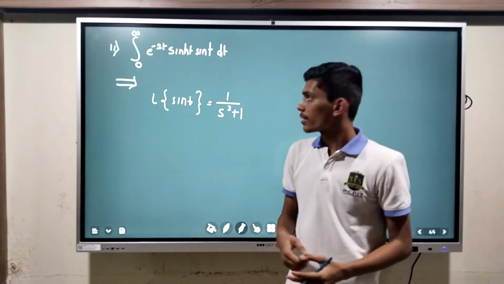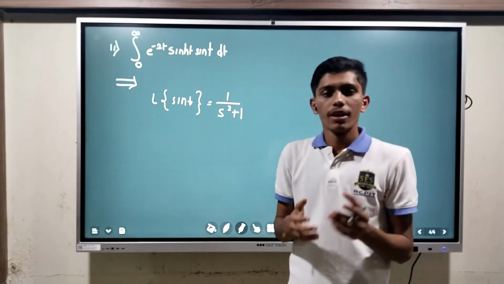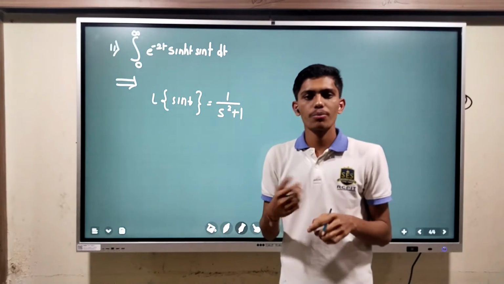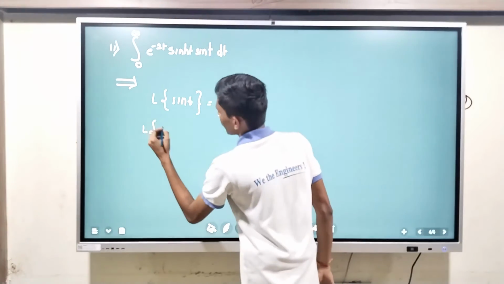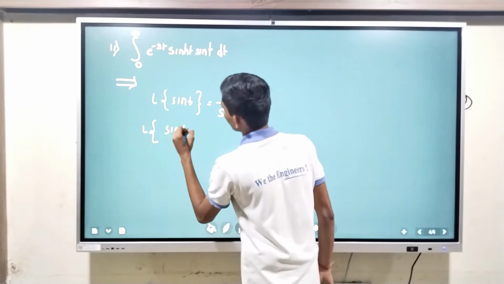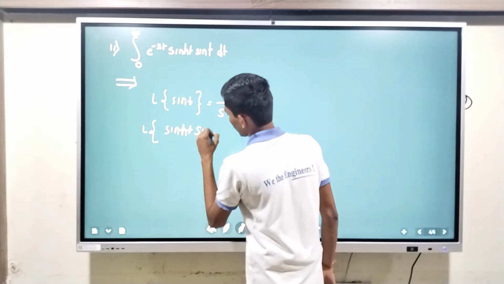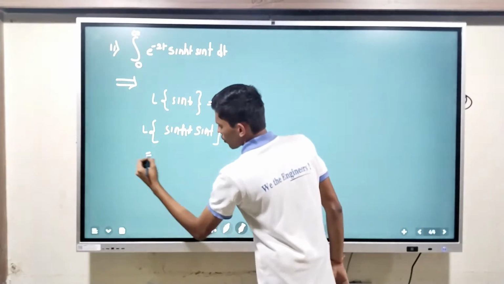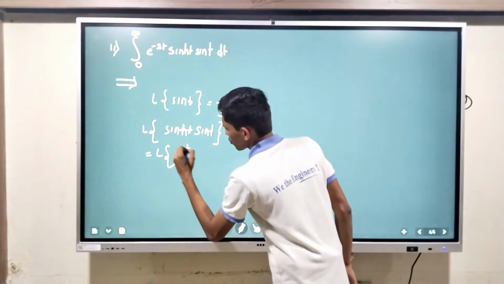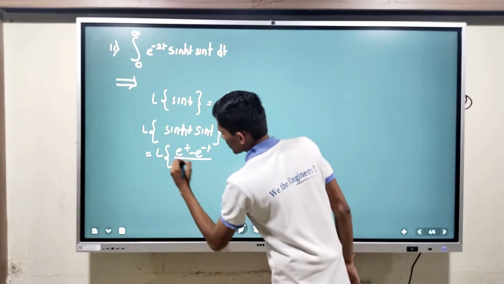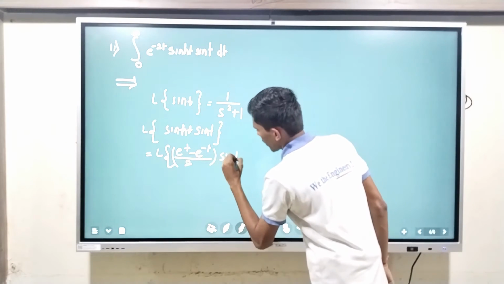We are also familiar with sine hyperbolic t. It is equal to e raised to t minus e raised to minus t divided by 2. So by further solving this, we get the equation like e raised to t minus e raised to minus t divided by 2 into sine of t.